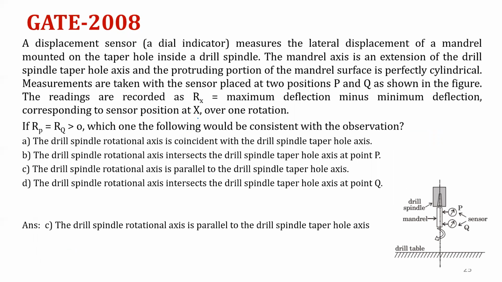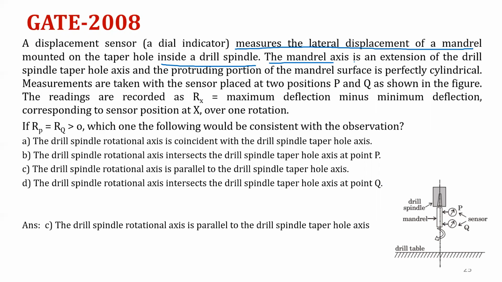Next, a displacement sensor, that is a dial indicator, is used for measuring the lateral displacement of a mandrel mounted on the taper hole inside a drill spindle. So this is the drill spindle. Inside the drill spindle there is a taper hole. In that taper hole the mandrel is mounted.